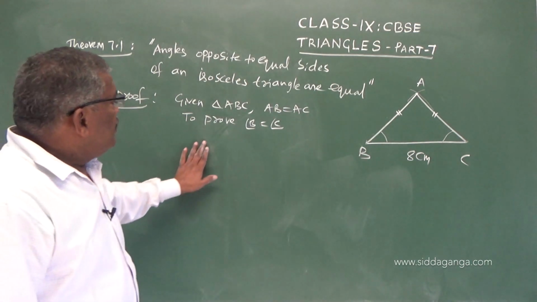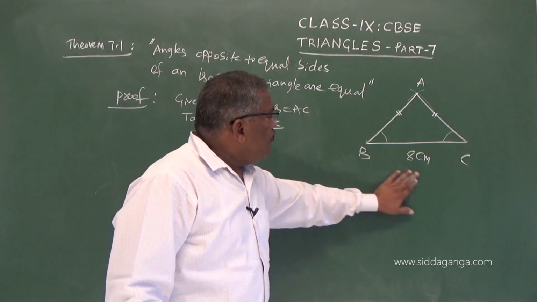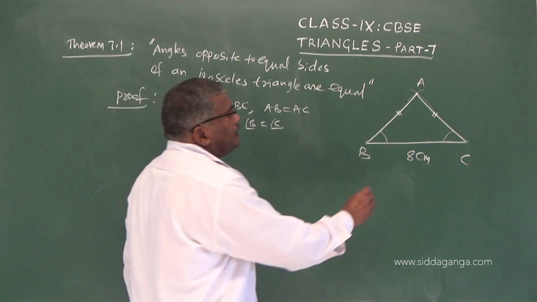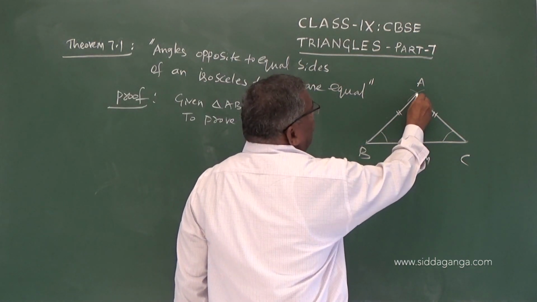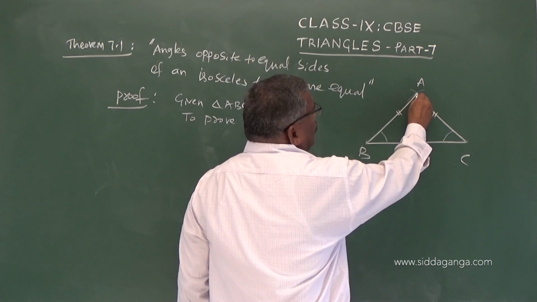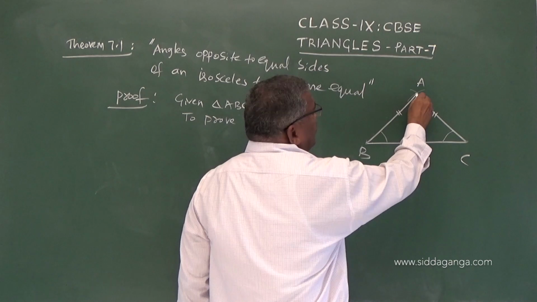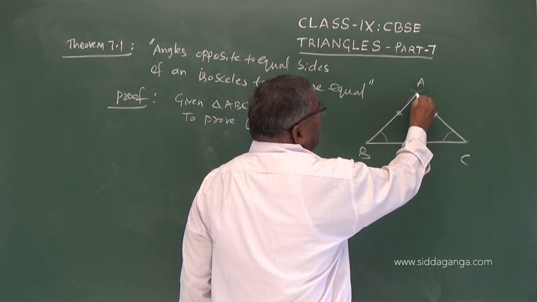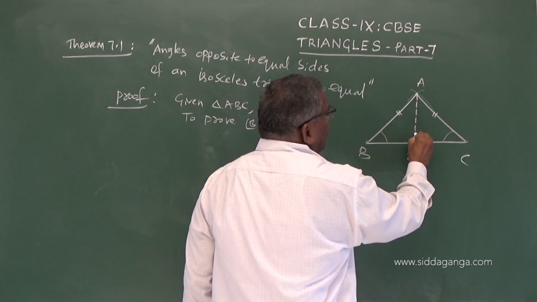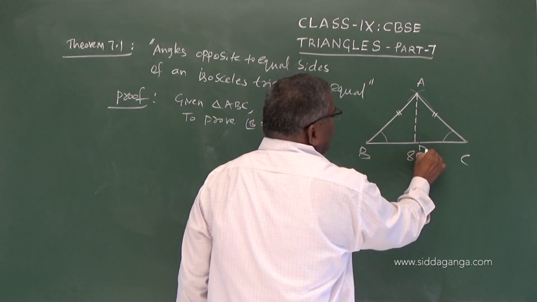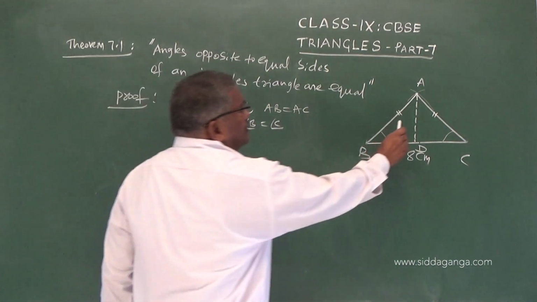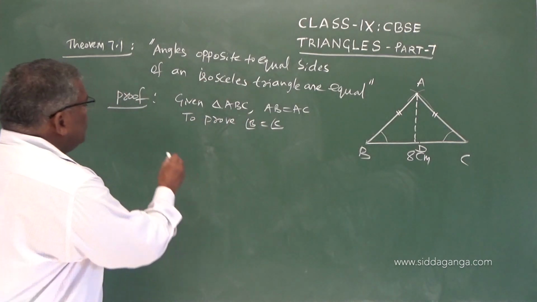Now, for the purpose of proof, we have to make one small construction here. Draw an angular bisector from A to touch base BC at D. I will call this point D. So, this is the angular bisector.